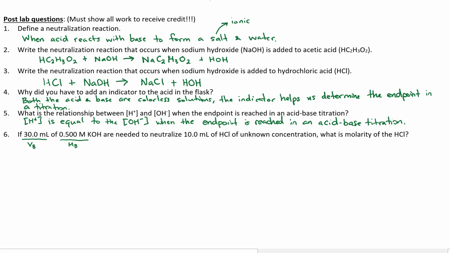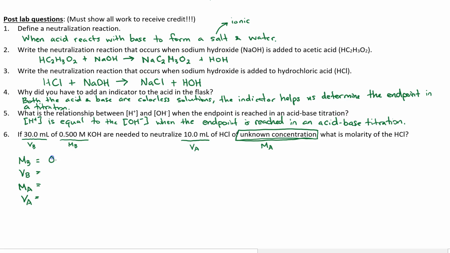If 30 milliliters of 0.5 molar KOH are needed to neutralize 10 milliliters of my acid, so Va, and we have an unknown concentration, and that's what we're looking for. So this is my Ma. What is the molarity of hydrochloric acid? So Mb, Vb, Ma, Va.